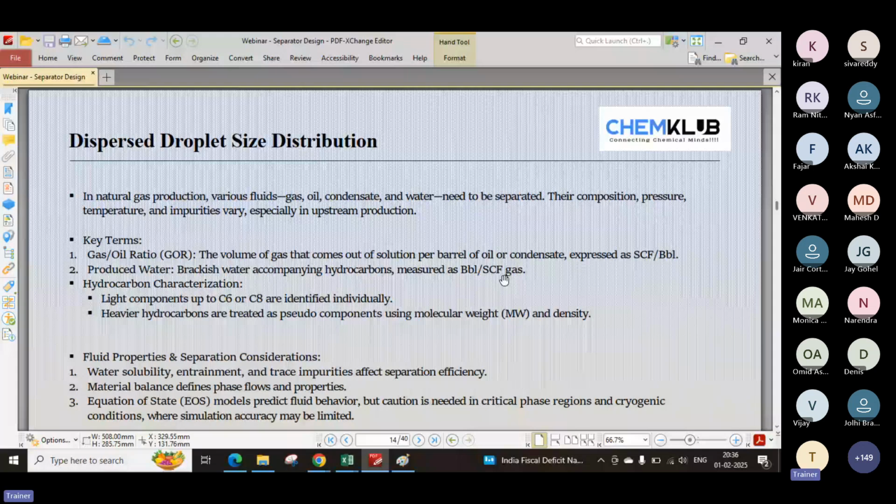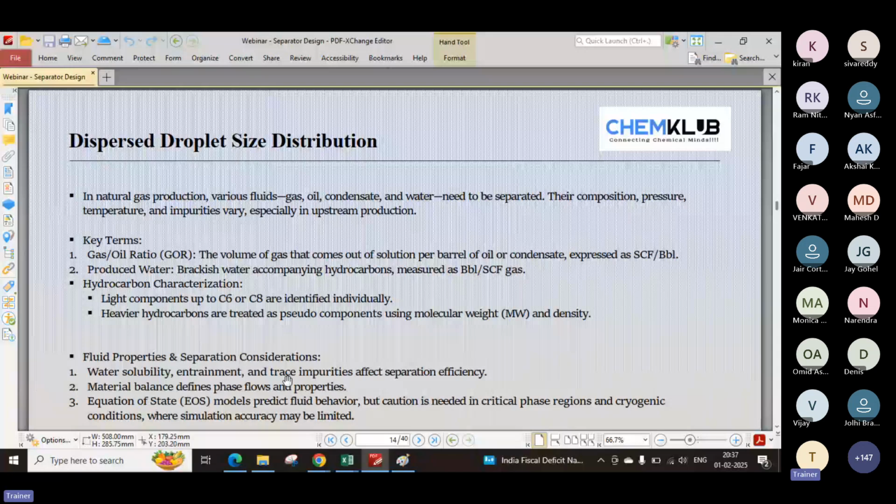The same with the lighter fluid, that is the oil, as well as the heavy fluid. At the same time, generally, it is great to have information about water solubility, any entrainment capacity or capability it has, any traces of impurities, whether it is carrying any sand, so that we can give some arrangement for that as well.